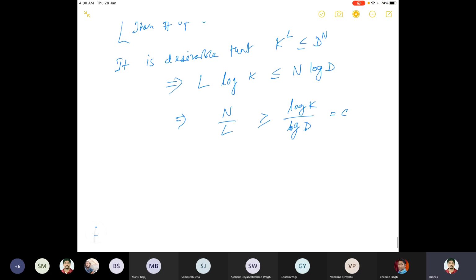So for fixed length codes, what is the implication here?